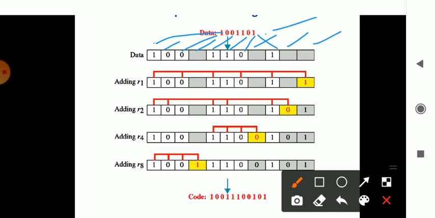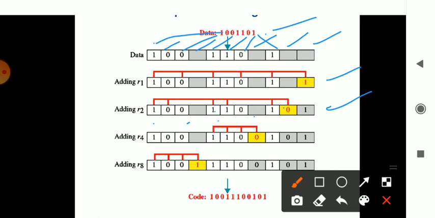Okay, you all know how it is being checked. When it is being checked, for R1, take 1, leave 1. That concept is there. Take 2, leave 2, take 2, leave 2, take 2, leave 2. Like that is R2.